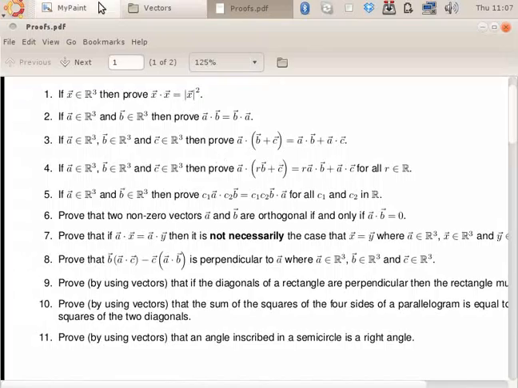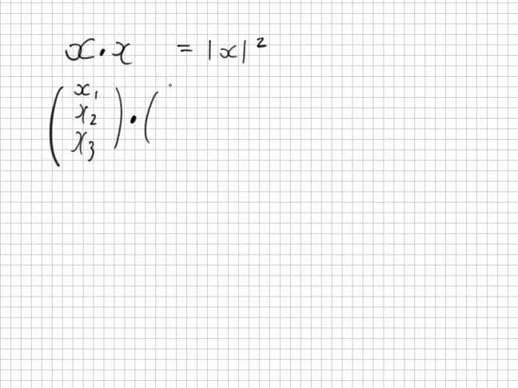So the first one is, you need to prove that x dot x is the same as the magnitude of x squared. So what you could do is do the left hand side and the right hand side separately and see if they're the same. So on the left, that would be x1, x2, x3 dot x1, x2, x3.